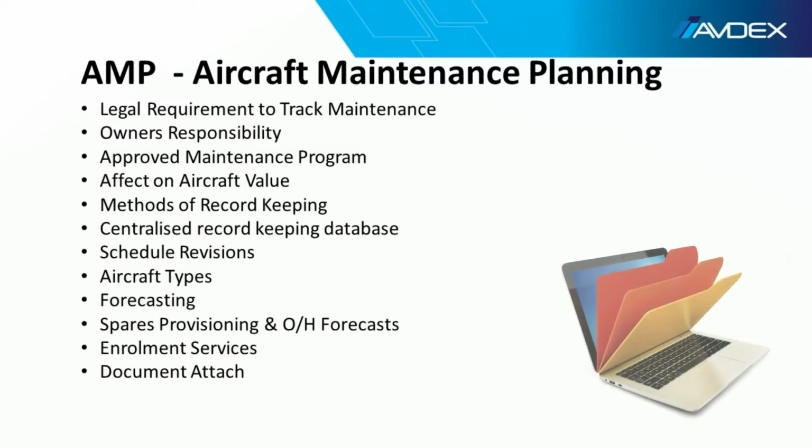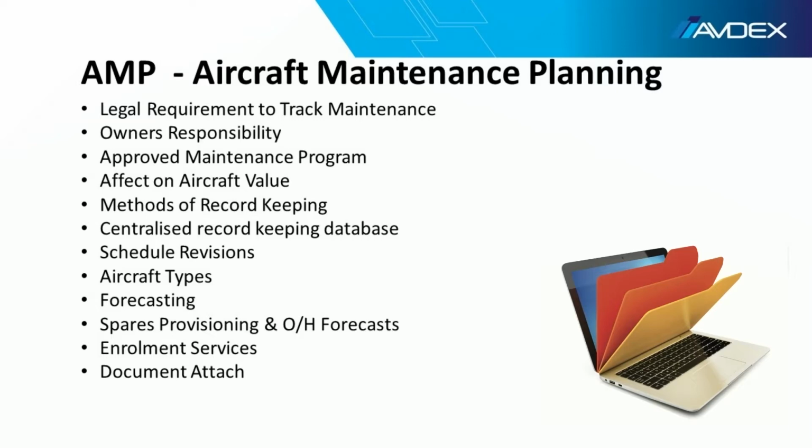Document attach. AMP has two document attachment facilities. 1. With currently used spreadsheet or software programs, a technician must manually search through CAA regulatory and manufacturer documentation to find the service bulletins, airworthiness directives, maintenance instructions for continued airworthiness and inspection sheets they need to complete the task at hand.